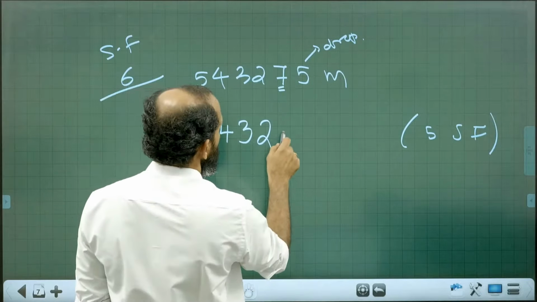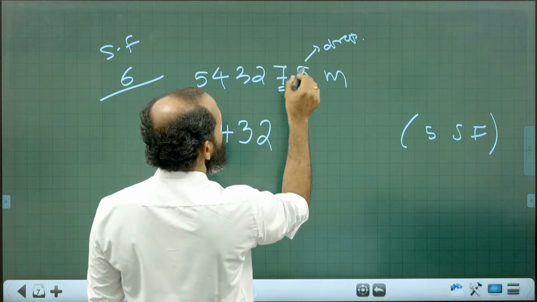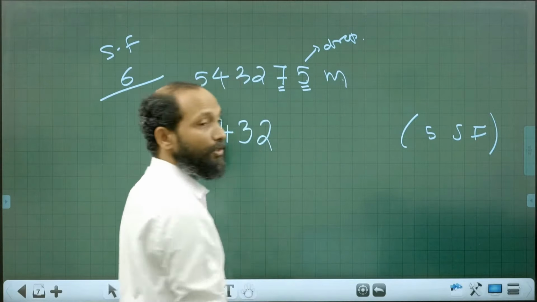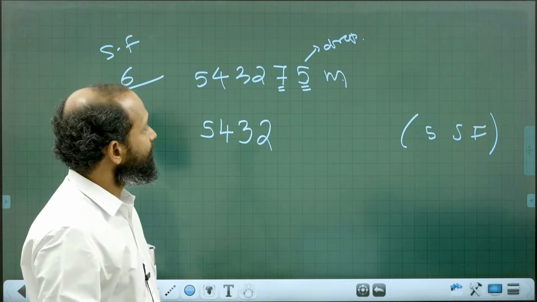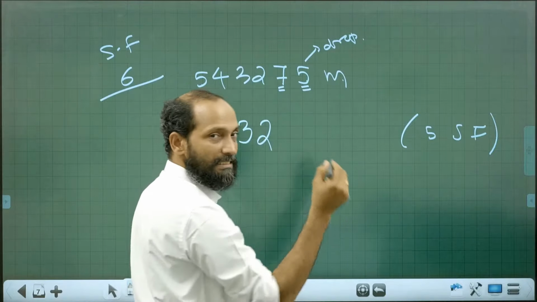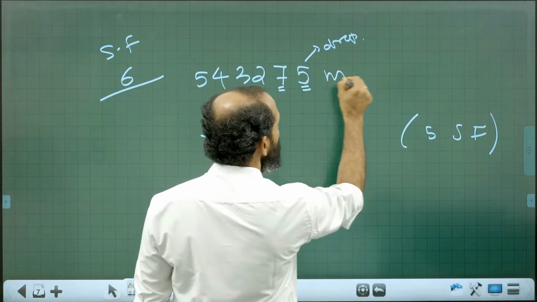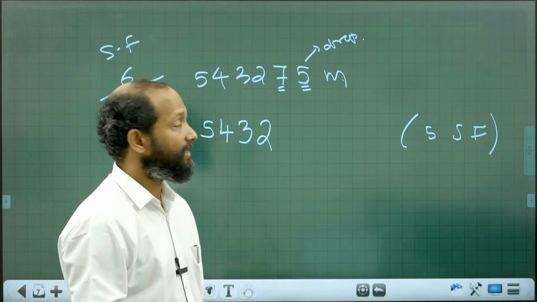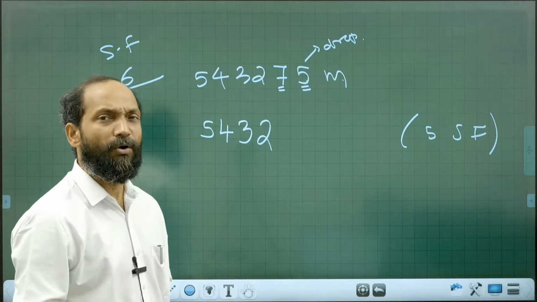Then I have to see as 5 comes, after that no digits. So 5 followed by all zeros. The 5 rule tells like that. After 5, no digits are there, all zeros only. So 5 followed by all zeros.